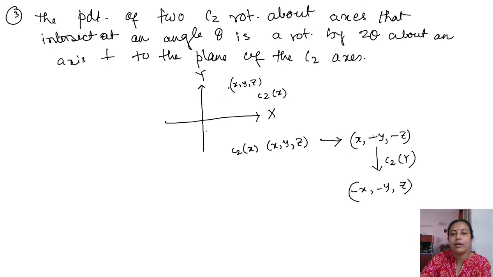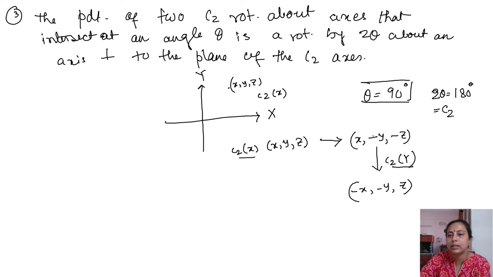So you are having two C2 axes, C2x and C2y, which intersect at an angle of 90 degrees. So theta equals 90 degrees. That means you are going to have another C2 because 2 theta means 180 degrees. So that is equivalent to another C2 axis perpendicular to the plane. That means you are going to have C2z.